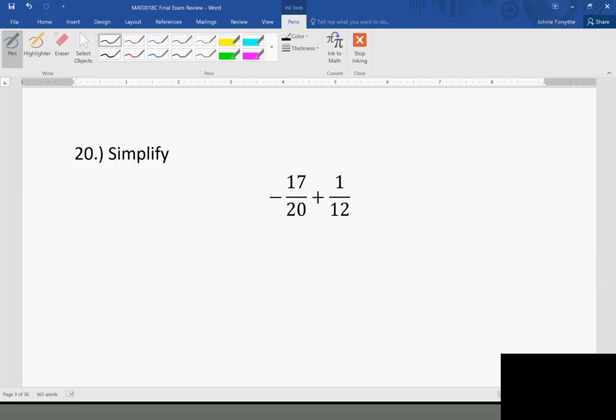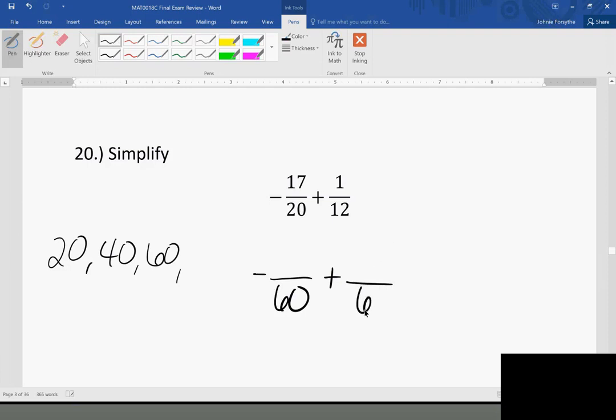So let's think about the 20. You have 20, 40, 60. 60 would work because 12 times 5 is 60. So let's change this to equivalent fractions with the 60 denominator.